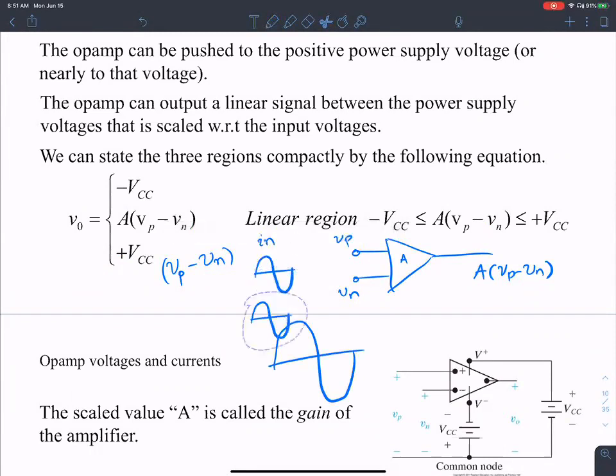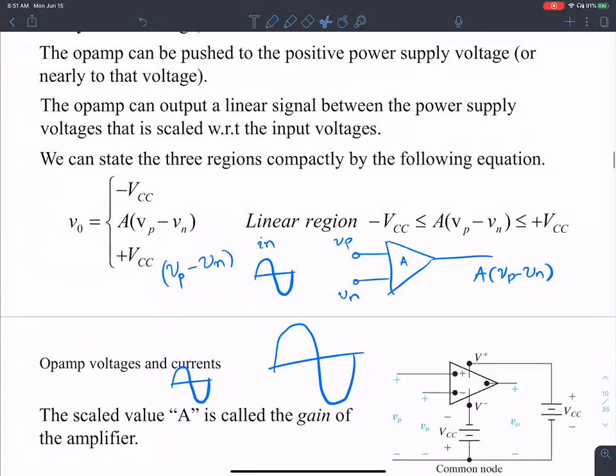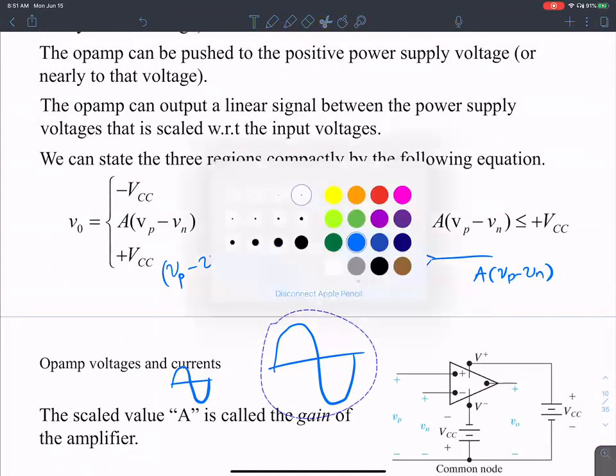If this is your input, the output is going to be an amplified version of it. What happens if the gain is increased?